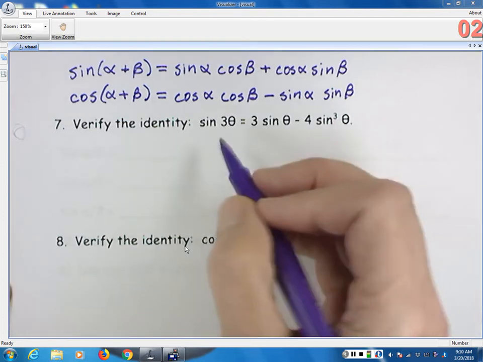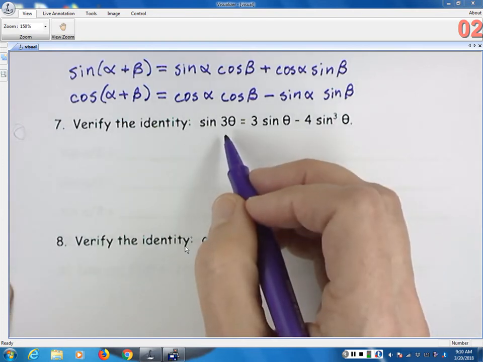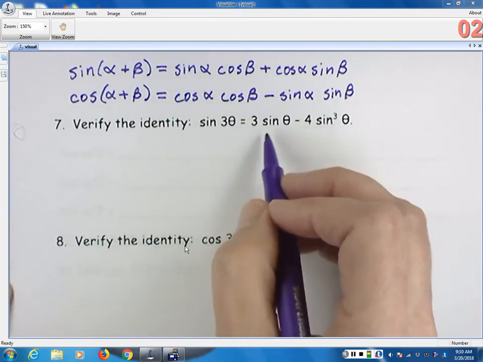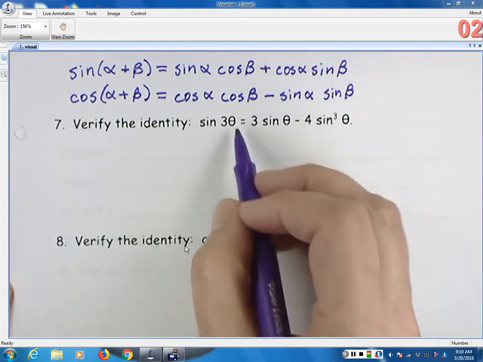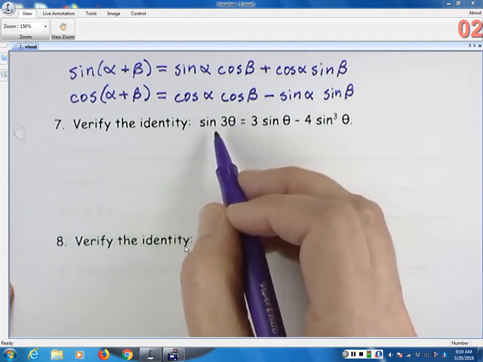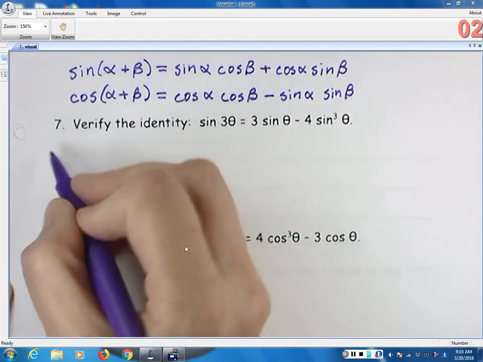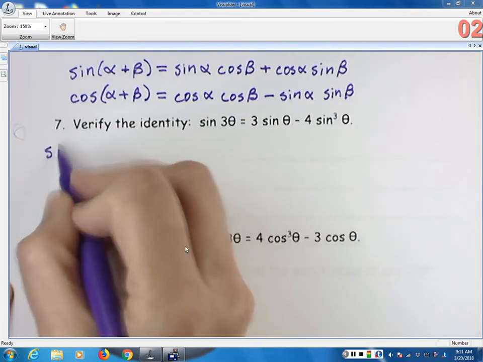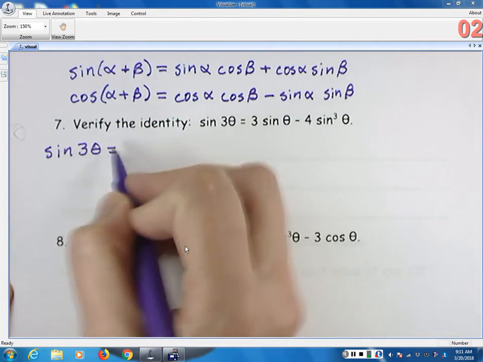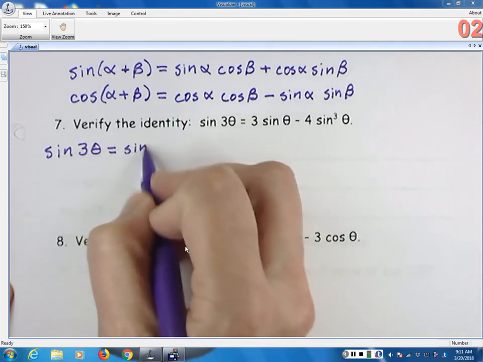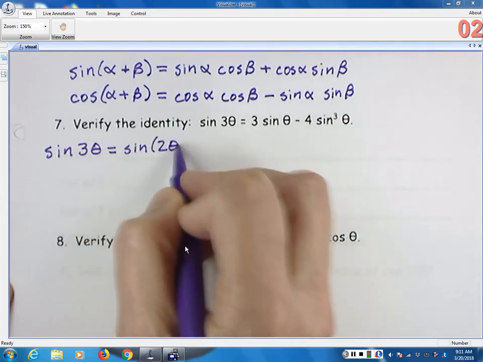Sine of 3 theta equals this. So I started with the left side, even though it's not as complicated. I rewrote sine of 3 theta as sine of 2 theta plus theta.